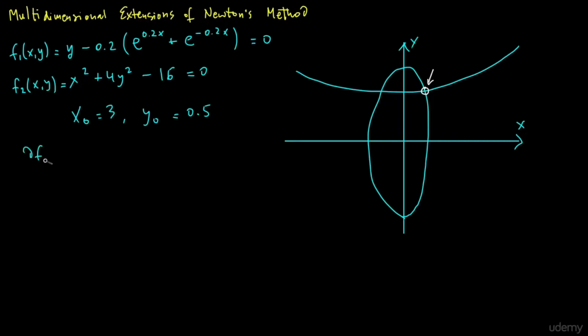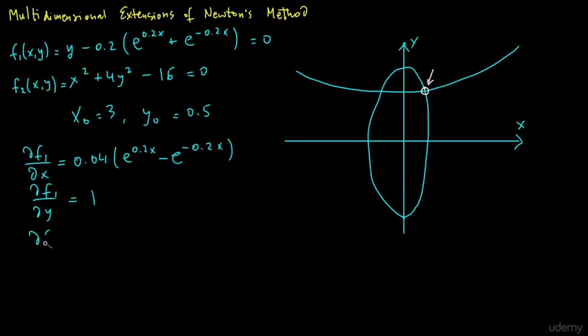So let's compute df1 by dx, and that's going to be equal to 0.04 multiplied by e to the 0.2x minus e to the minus 0.2x. And we're going to have the partial of f1 with respect to y. That's just going to be equal to 1, because here is the only y-related term and its derivative is 1.